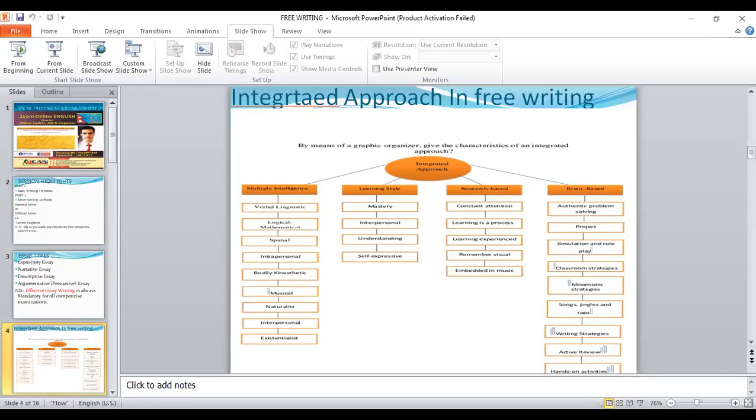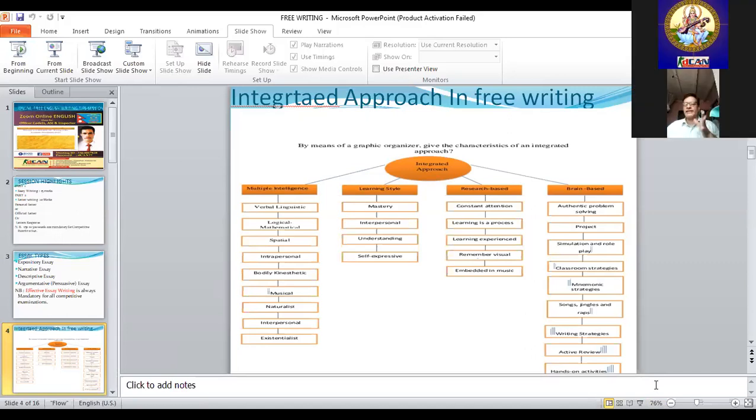So it's an integrated approach, ladies and gentlemen. Multiple intelligence, learning styles, research-based or brain-based. I have divided almost all essay writing or freestyle writing into four different categories.